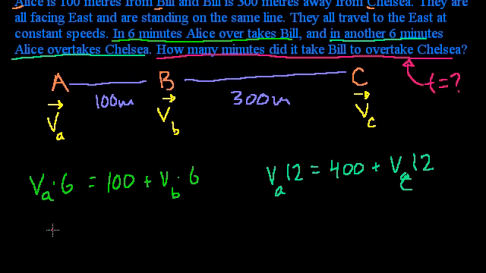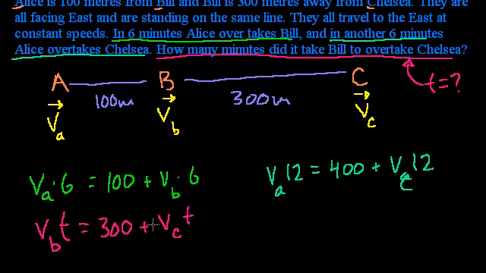So that tells us that the velocity of Bill times this time is going to be equal to, for him to overtake Chelsea, he has to travel 300 meters more than her in that same amount of time. So he has to go 300 meters more than how far Chelsea travels in that time. So that's what this is.